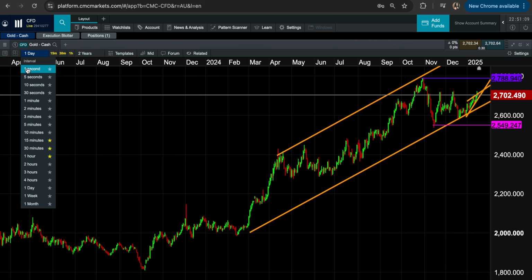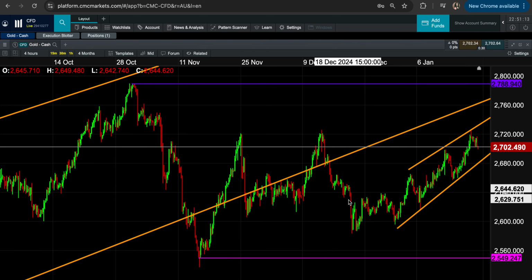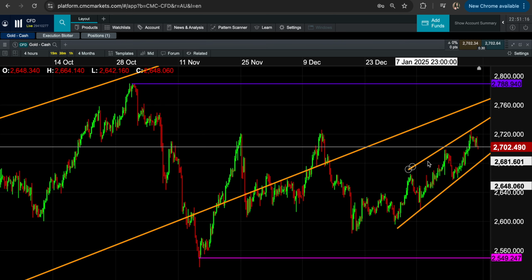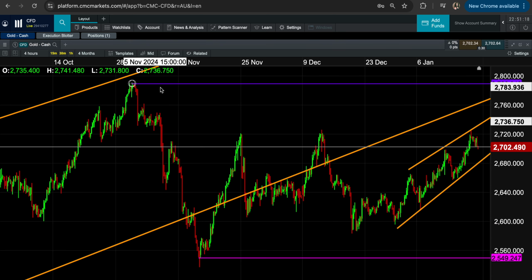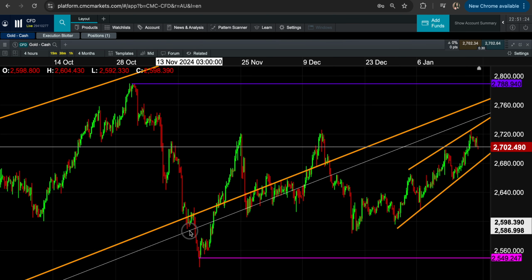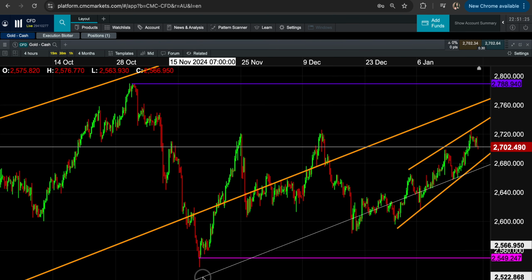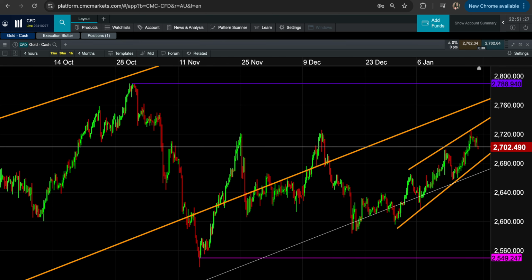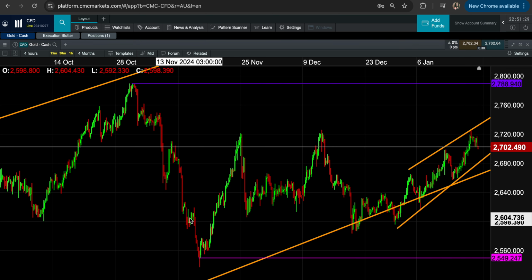Then I went mainly into the 4-hour chart, and in the 4-hour chart this is a bigger line that's going. On the 4-hour it's not really helping, so I should probably move the line like that.